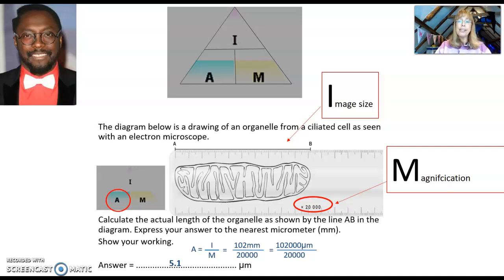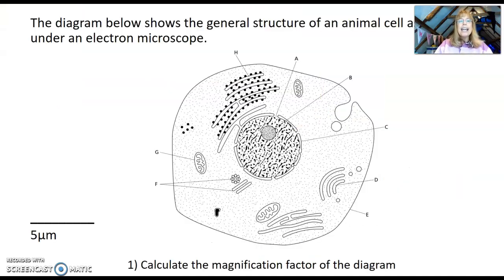Let's have a look at one more example. The diagram below shows the general structure of an animal cell as seen under an electron microscope. Calculate the magnification this time. Okay, so remember, Will.i.am, so M is I divided by A. What information do we have? We've got this little line here, and this is telling us that that line represents 5 micrometers.